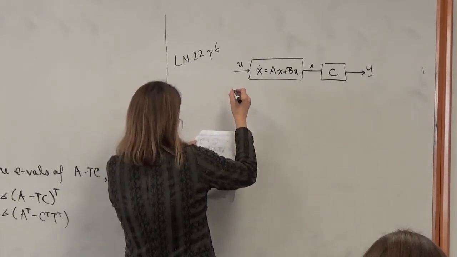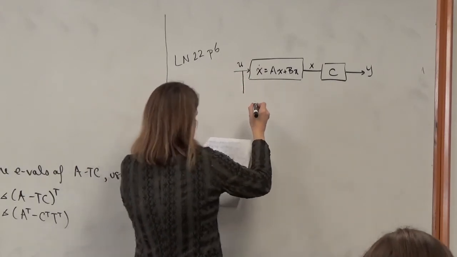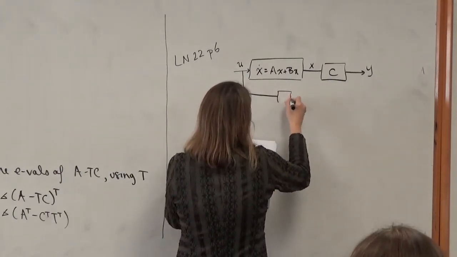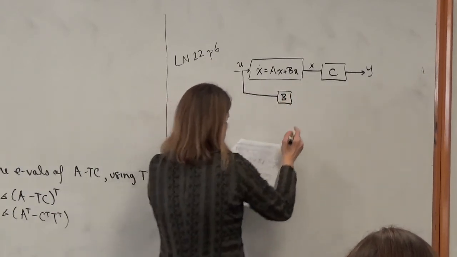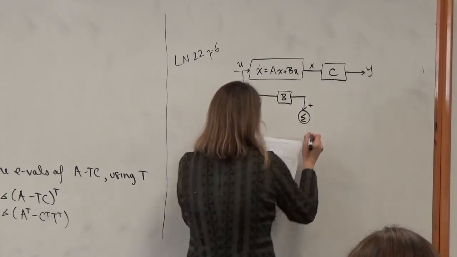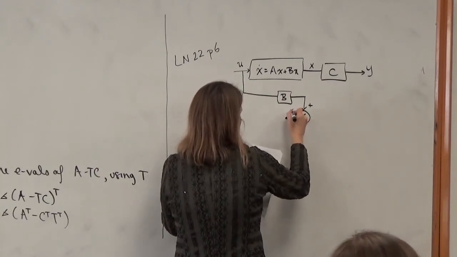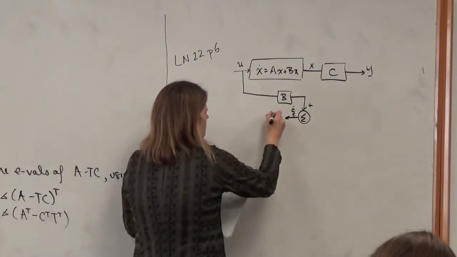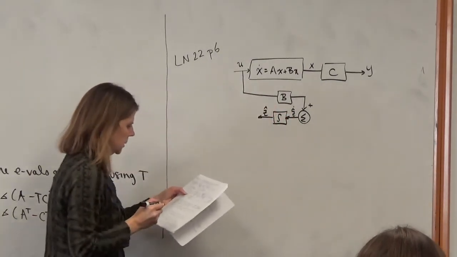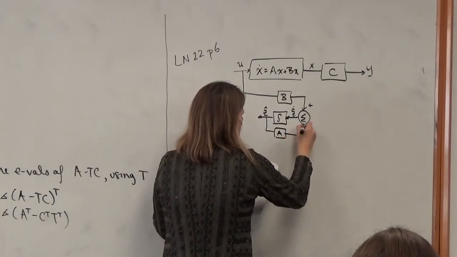That input u is also taken and fed down to the observer, so that also goes through B. I'll write out the observer since it's new to us. Here's my summation. For convenience, I'm going to draw this a little bit backwards. There's our z hat dot, fed through the integrator. What comes out of that is z hat, our estimate of the state. That gets fed back through A. We know all these parameters.